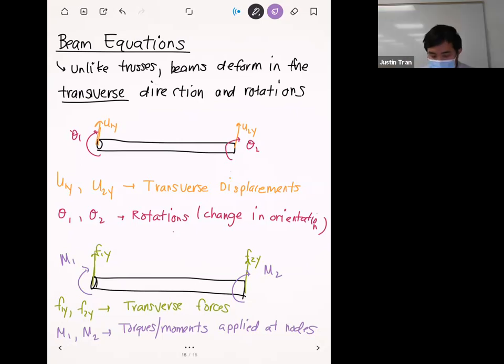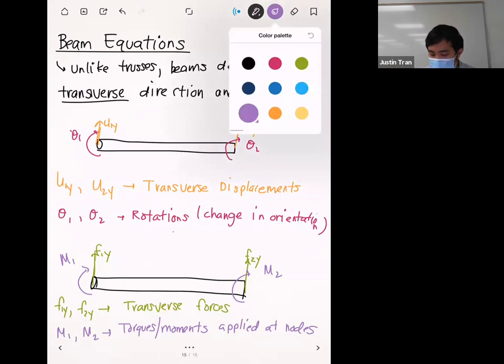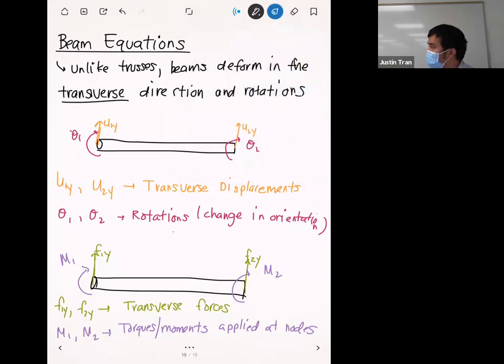All right, and so between these two figures right here, we have our two essential ingredients for a finite element relationship. On the bottom here, we have our nodal loads. And on the top here, we have the structural response, or the structural deformation.